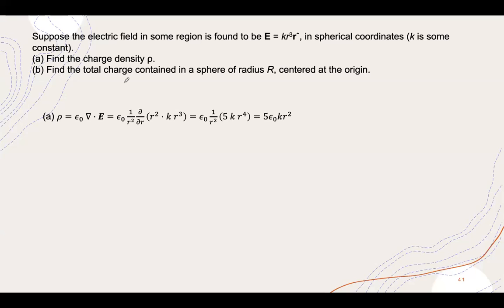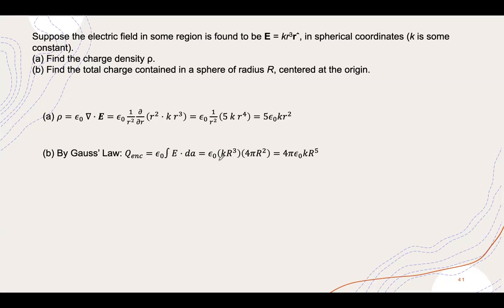Now the second question. Find the total charge contained in a sphere of radius r centered at the origin, which I think is very easy now. The spherical symmetry which we talked about, we're going to use that. So according to Gauss law, Q enclosed is what? Epsilon naught integral of E dot dA, right?